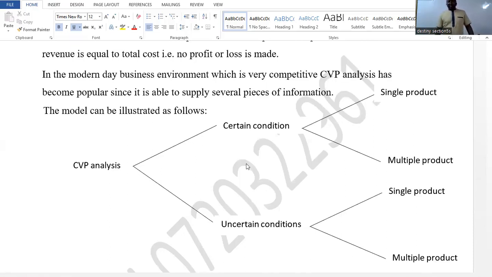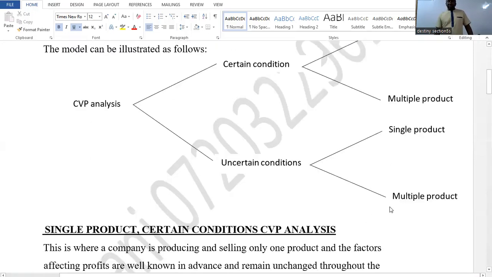The certain is what we call deterministic, just like what we had when we were in inventory. And uncertain is also called probabilistic. You can also call it stochastic. Now, each of these is done in regard to a single product and multiple products. So that is how we have the 4 of them, and we'll discuss each one of them.